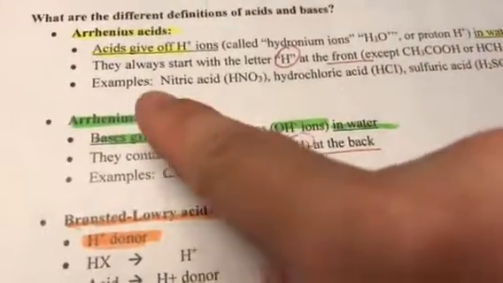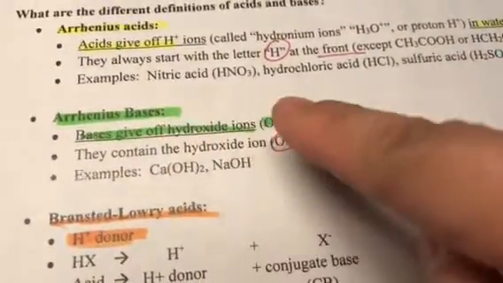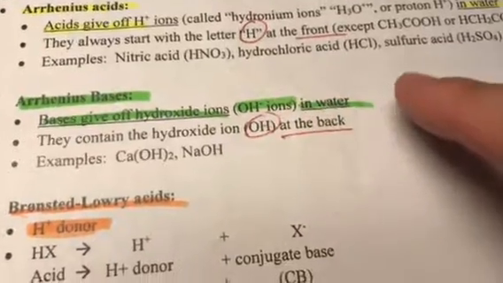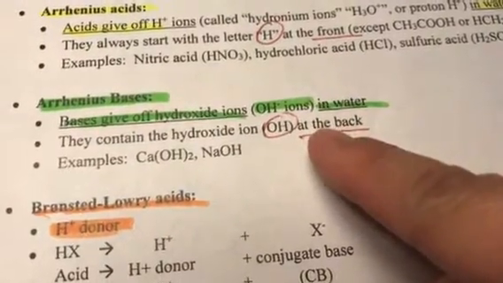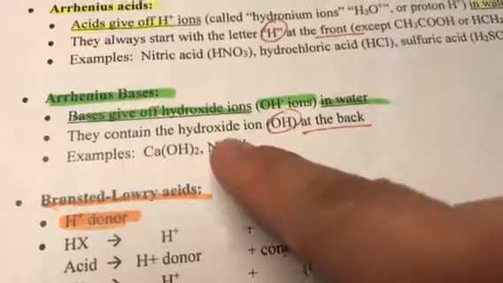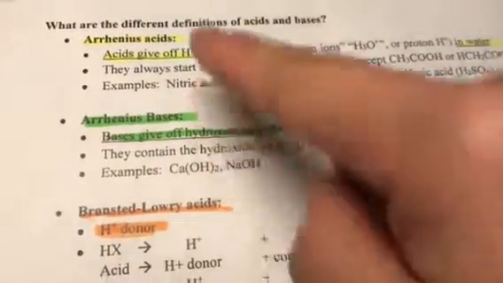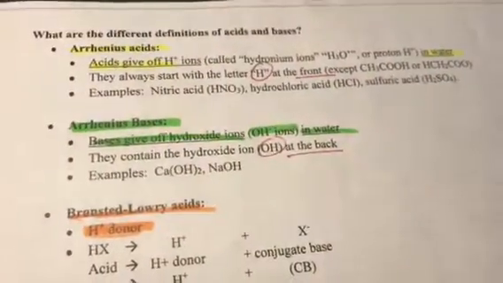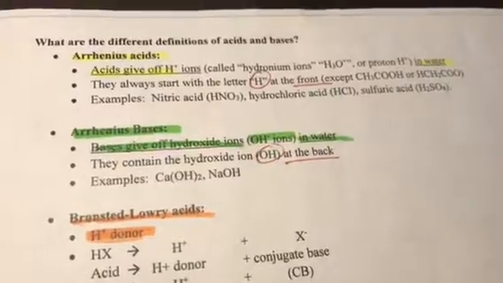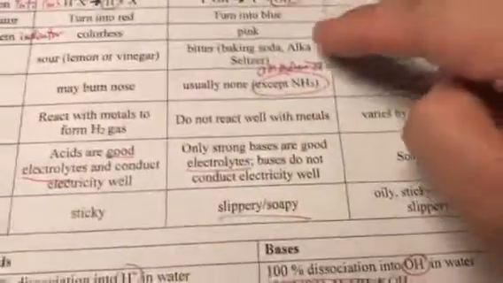And then Arrhenius base is a base that gives off hydroxide, OH minus, in water. So they always have OH minus at the back. For example, sodium hydroxide, calcium hydroxide. Now these two are the old version of the acid and base, because from the front of the notes, we can tell ammonia NH3 is also a base, okay?